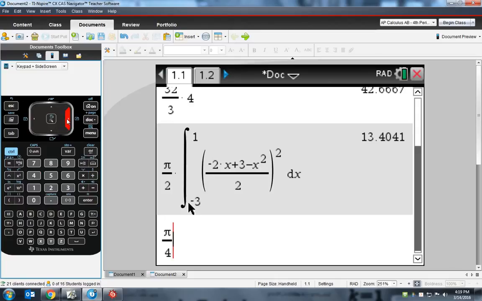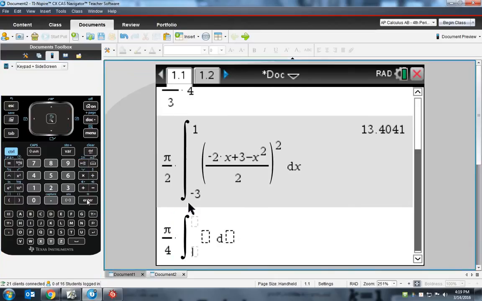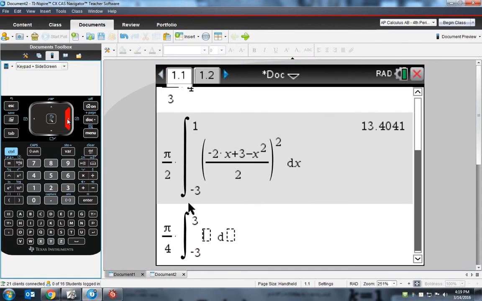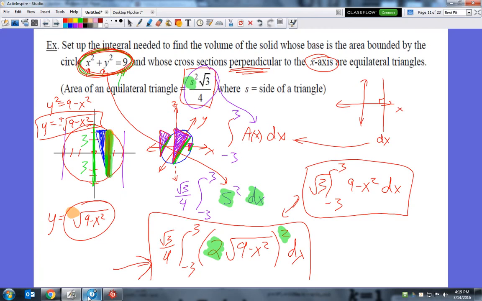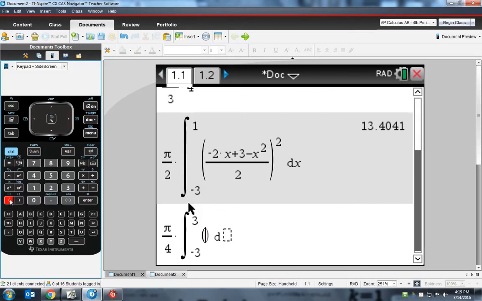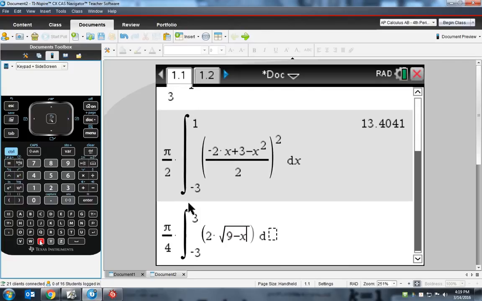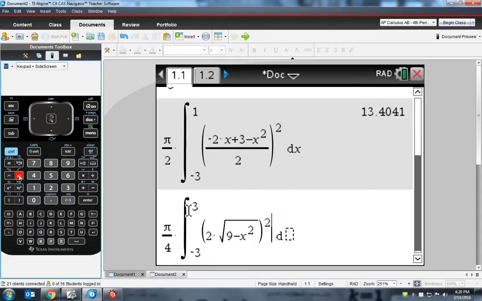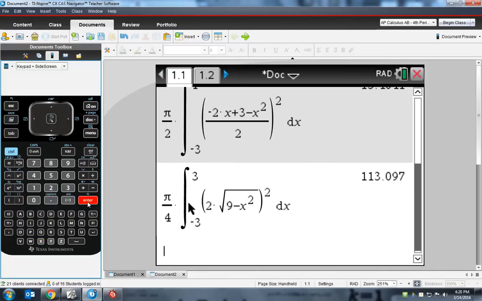It's going to be multiplied by the integral from negative 3 to 3 of 2 times the square root of 9 minus x squared, and its quantity will be squared because it was s squared, with respect to x, and you get 113.097.